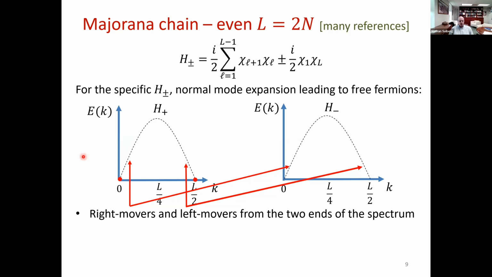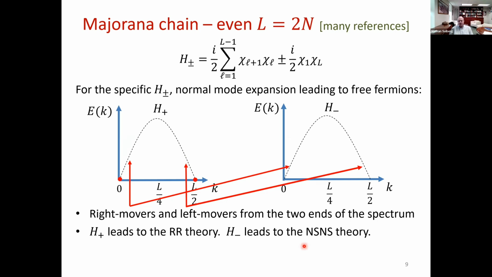So the low energy spectrum gives us a complete Majorana fermion, either Ramond or Neveu-Schwarz. The modes that come from here are the right movers, and the modes that come from momentum around L/2 are the left movers. So that's what I said here. H plus leads to the Ramond, and H minus leads to Neveu-Schwarz.